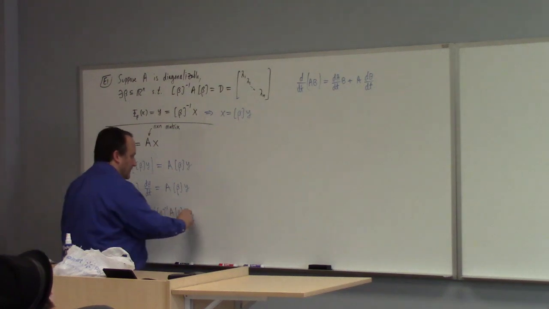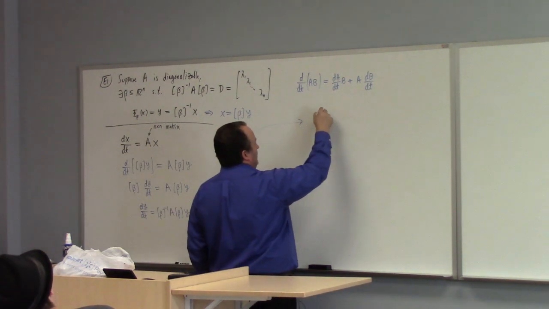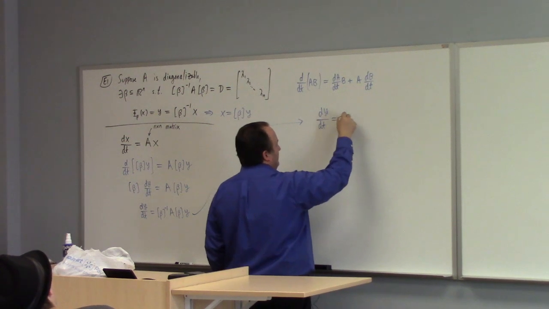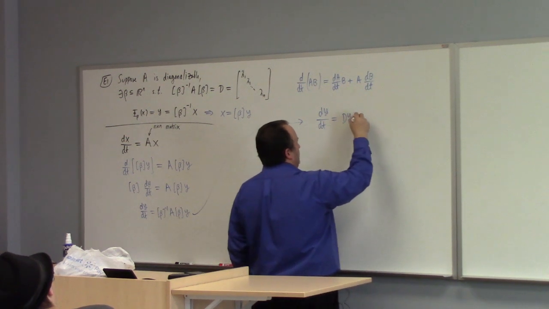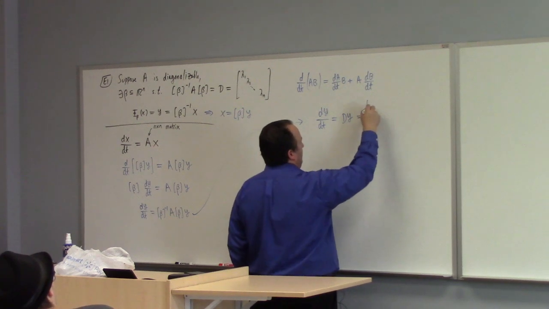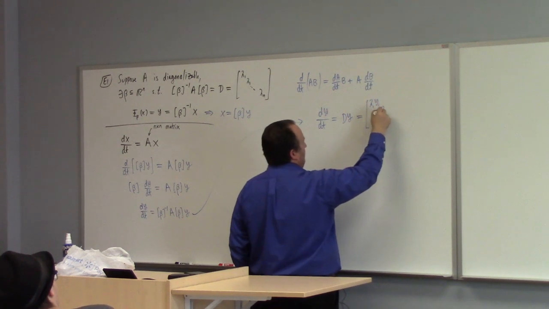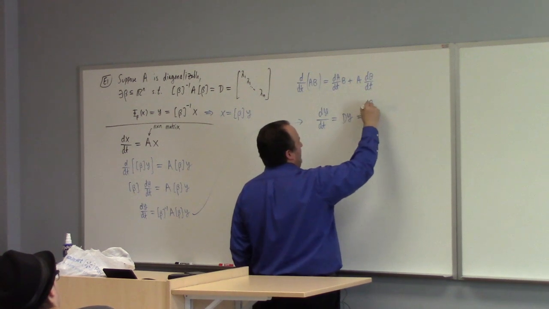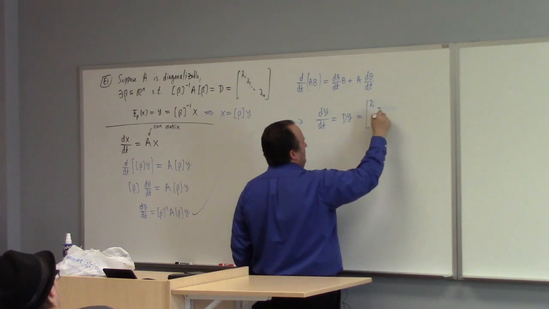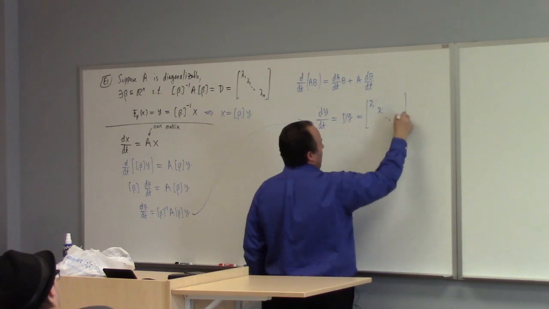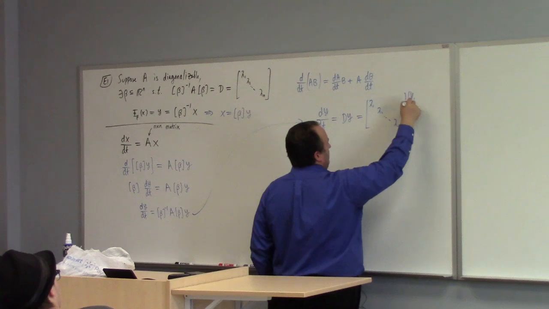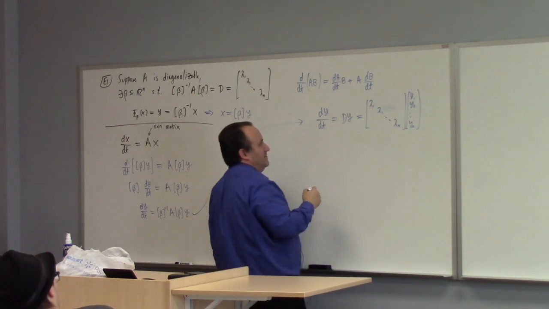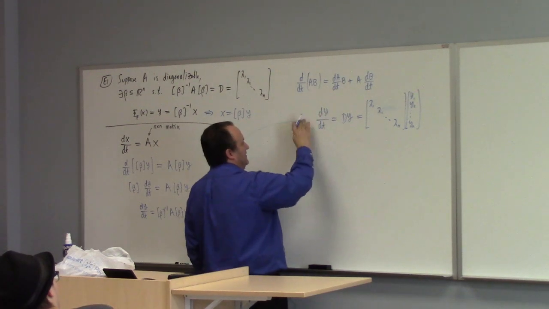So this just becomes dy dt is equal to the diagonal matrix times y, right? Which specifically is lambda 1, lambda 2, lambda n times y1, y2, yn.